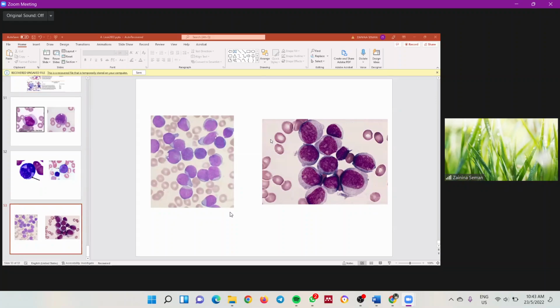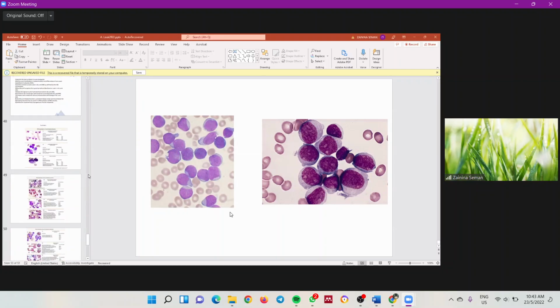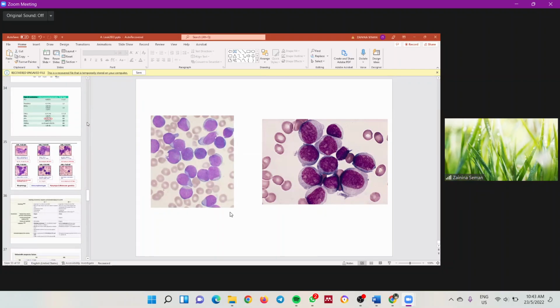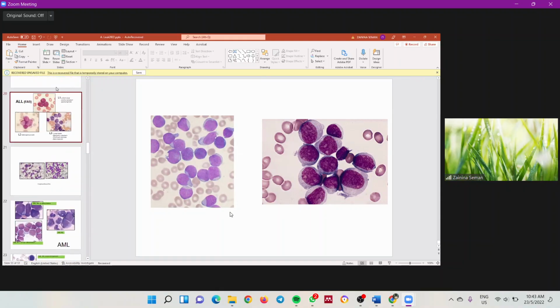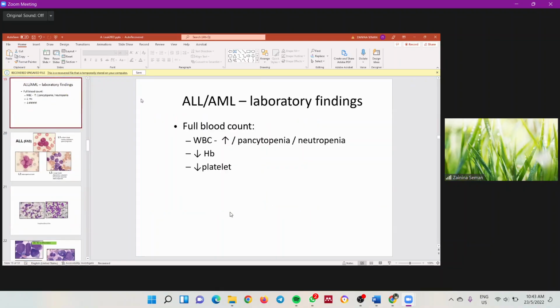Rush is asking me: this leukemia leads to neutropenia and pancytopenia, so why in slide 19, we go to slide 19, is the white cell elevated? Here I mentioned in full blood count there is either leukocytosis or pancytopenia or neutropenia.